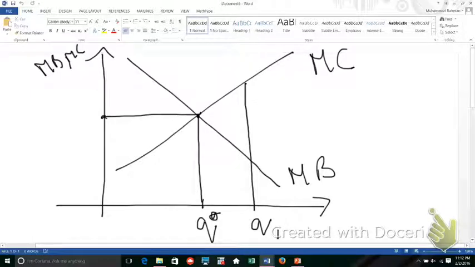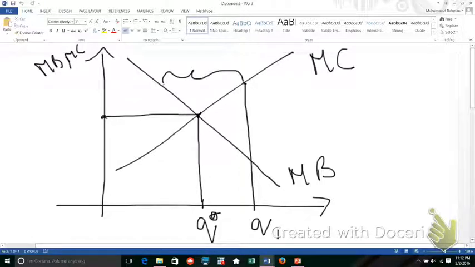Okay, so at Q1, notice that at Q1 output level, marginal benefit is here, marginal benefit is here, marginal cost is there.